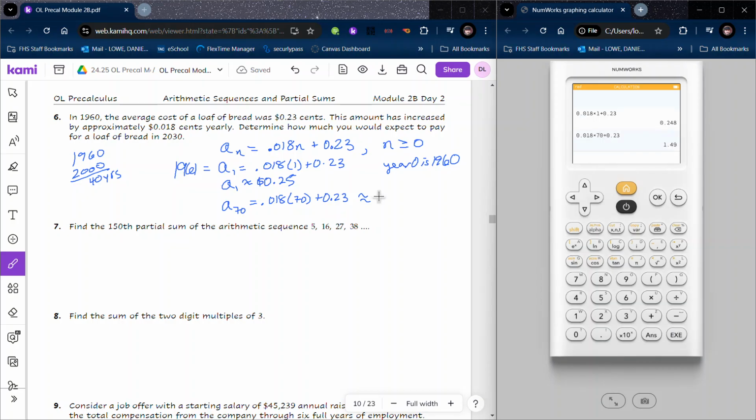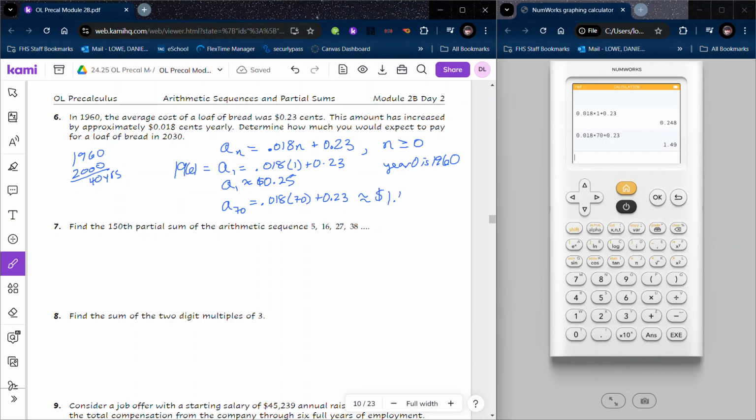That gives me approximately $1.49. So in theory, it'll cost me approximately $1.49 in the year 2030 if I had this constant rate of growth of almost 2 cents a year for the cost of a loaf of bread.